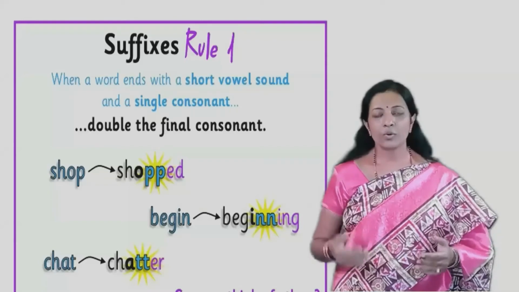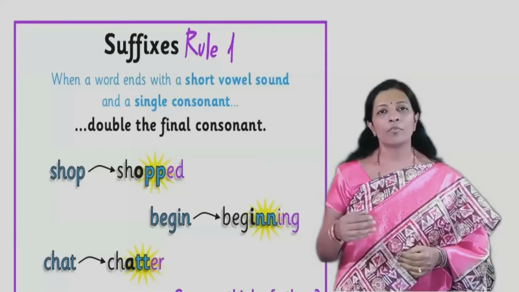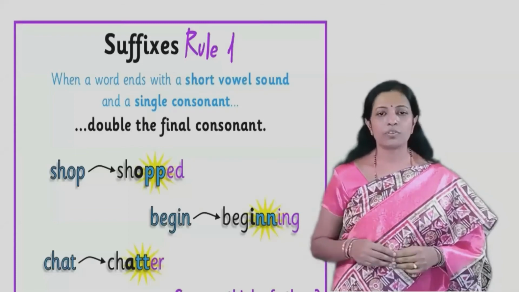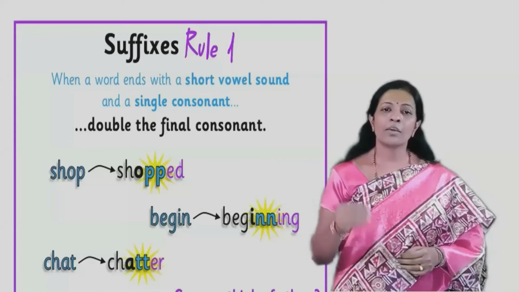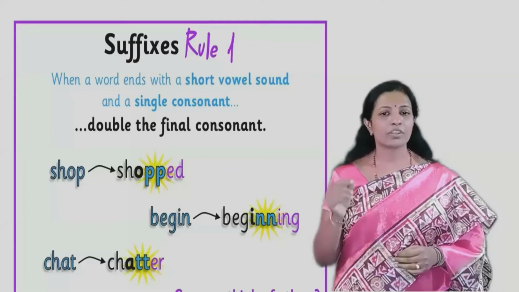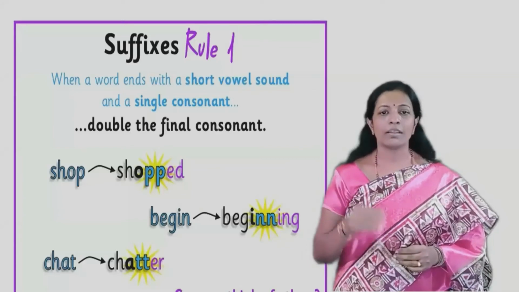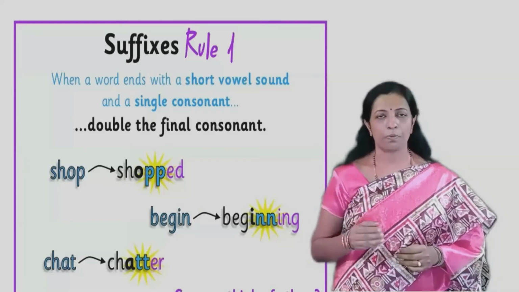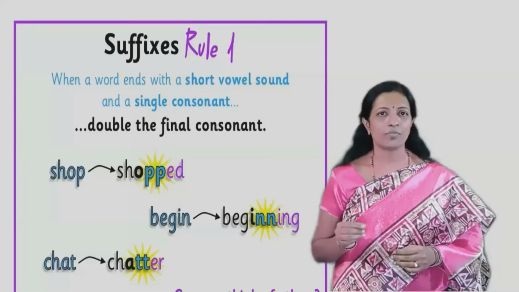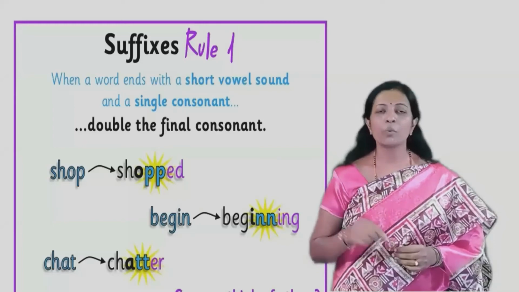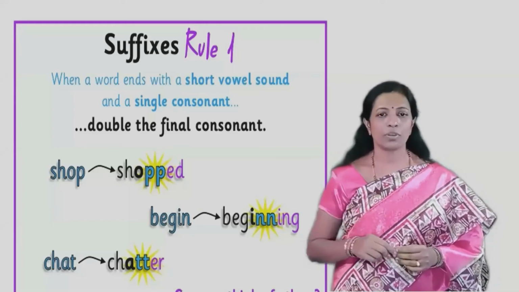Now there are certain rules which you need to follow when you are adding suffixes. One of the first rules is that when a word ends with a short vowel sound and a single consonant, like for example shop. The word shop ends with OP. O is the short vowel sound and P is the consonant sound.